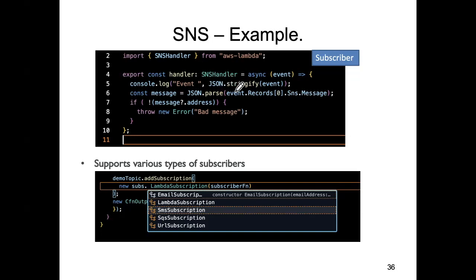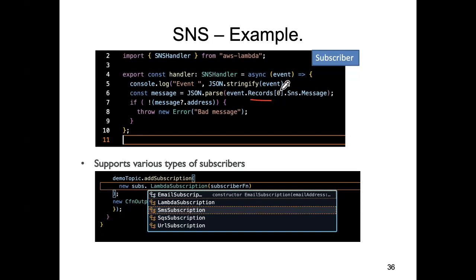But you can see here, I'm looking at the event object that is being passed to my Lambda function, and I'm indexing into the Records property, which is an array. So that suggests maybe that my Lambda subscriber is receiving an array of messages from the SNS topic, but I'm just focusing in on the first message in that array.